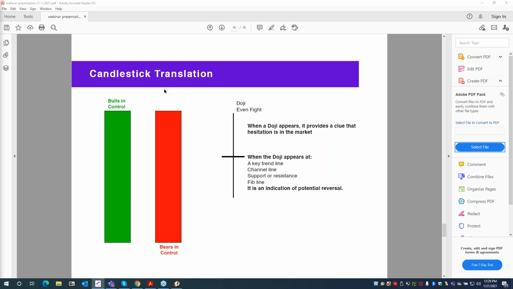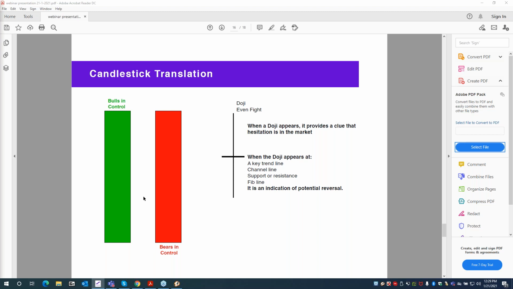Things move faster, and you can see more candlesticks in a shorter time frame. So dojis appear mostly on the shorter time frames, and this usually signifies an even fight between the buyers and sellers, basically. No clear direction. And usually when there's a doji, you need to be very careful.